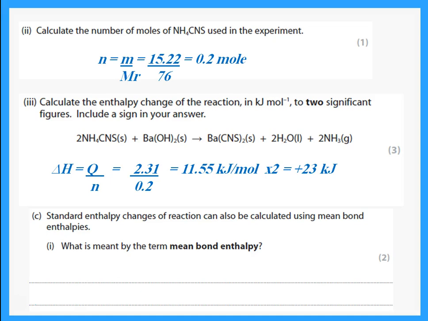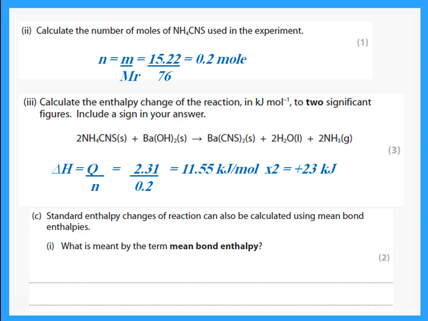So I need to multiply the number that I get by 2 in order to get the delta H for this equation. And then remember that this is in kilojoules. And we need a sign. He said it was something that took energy from the environment and the temperature went down. That means the reaction overall was endothermic. So I need to put a plus sign.